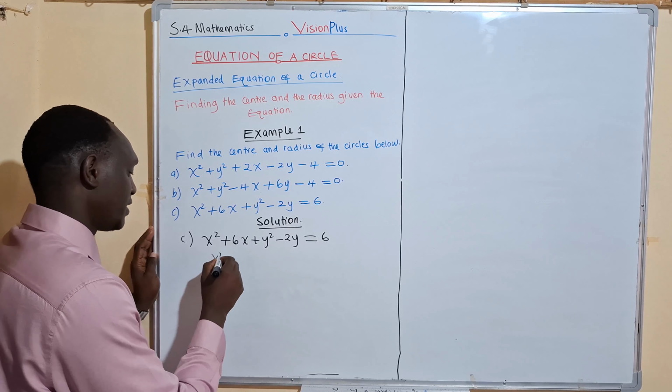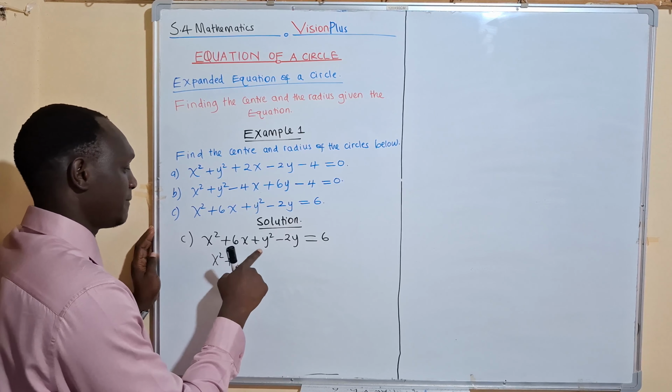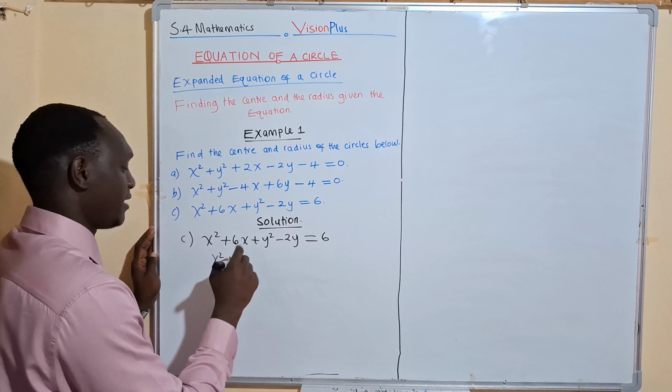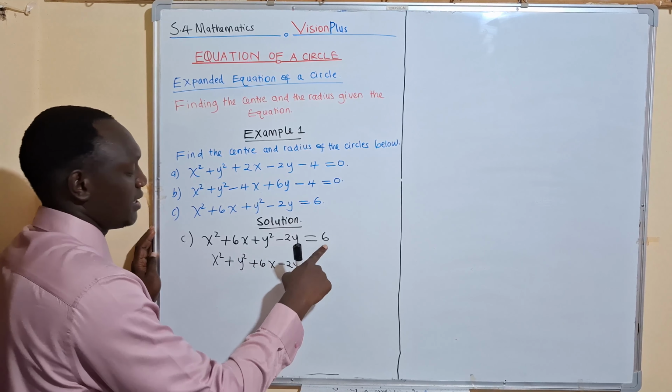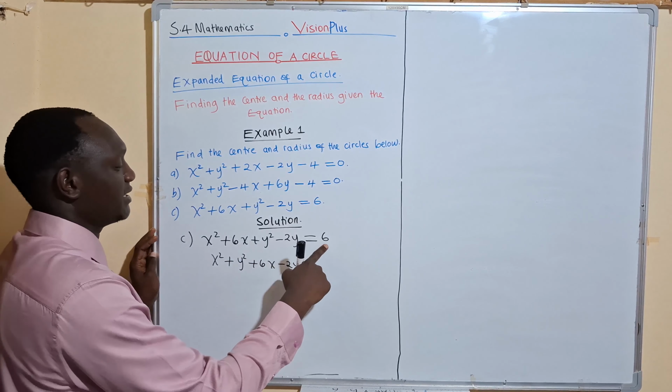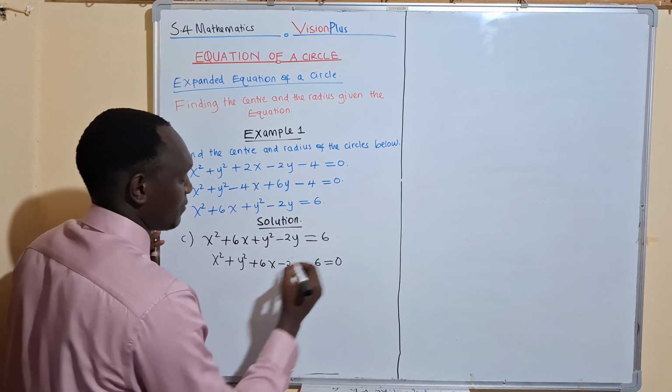So we shall have x squared plus, I bring y squared, then I put plus 6x minus 2y. In the equation of the circle, it is equated to 0. So we must carry the 6 to this side so that it becomes minus 6 equals 0.